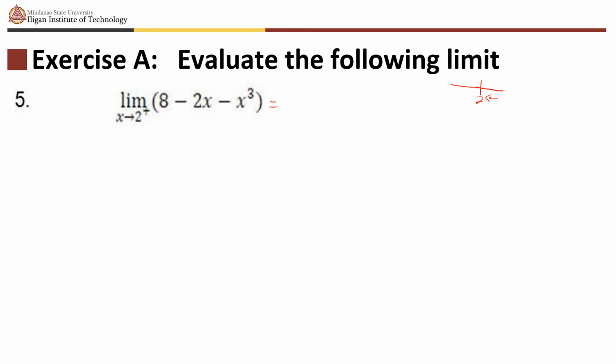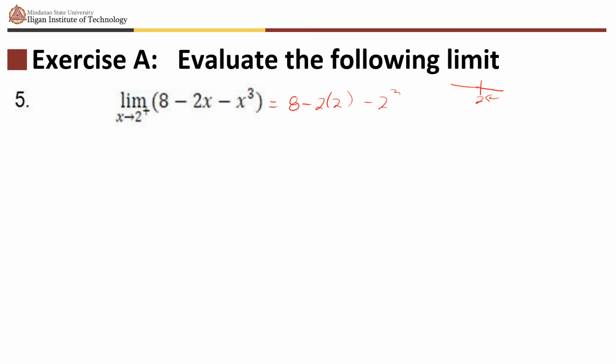You can have, by direct substitution, this will give us the following: 8 minus 2 times 2 minus 2 cubed.